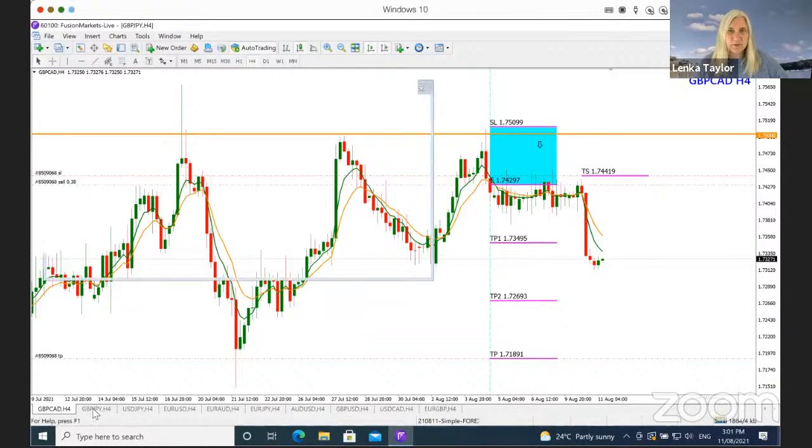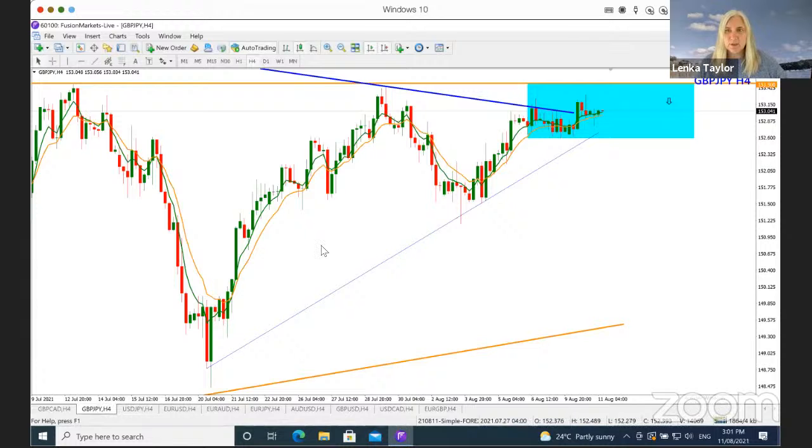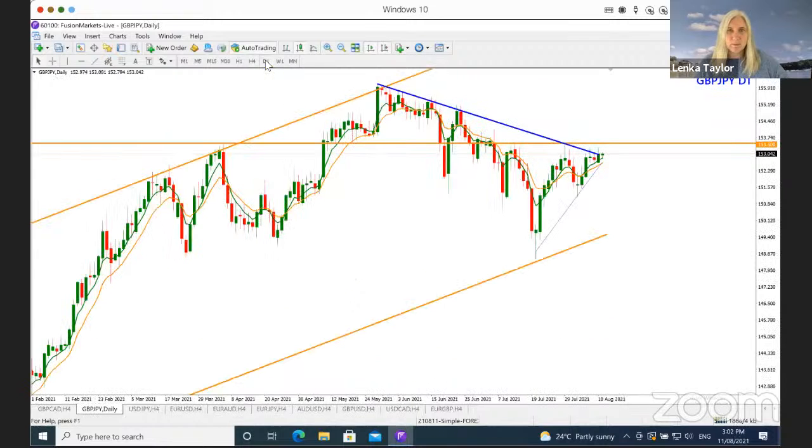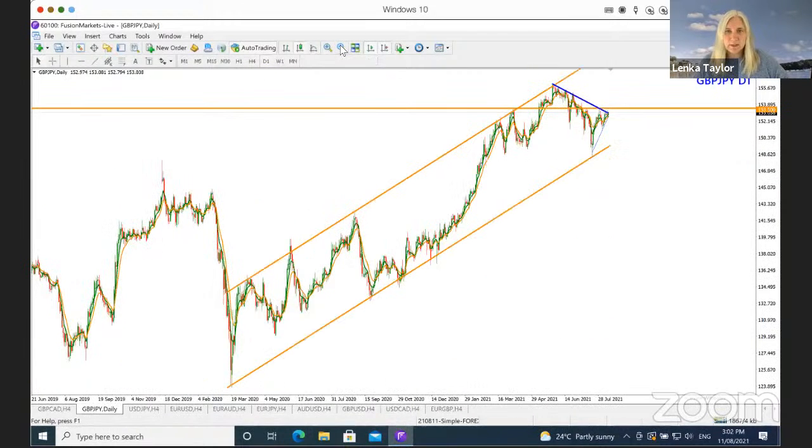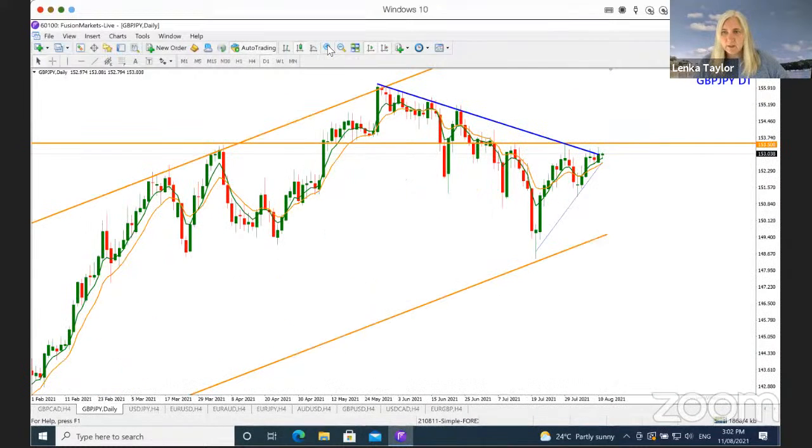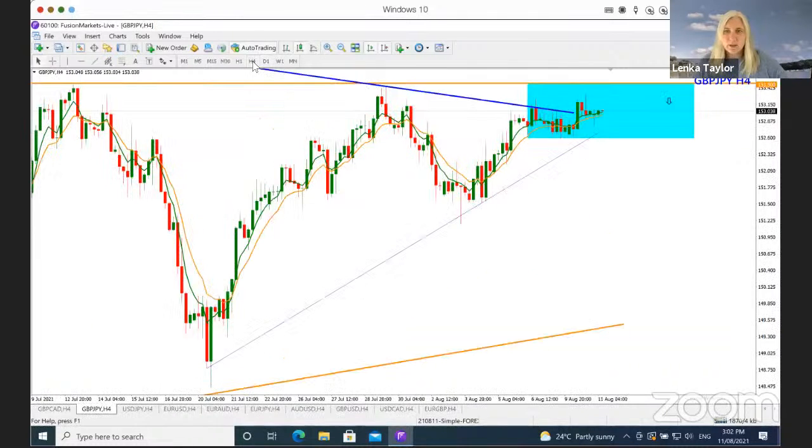Next currency pair I'm going to have a look at is GBPJPY. With this currency, I'm looking at short. In terms of where we are on the daily, it's just underneath that 153.5 horizontal level, and I'm looking for a short from around this area.